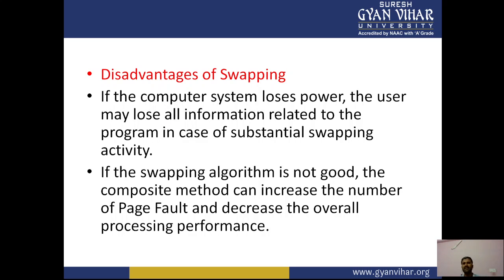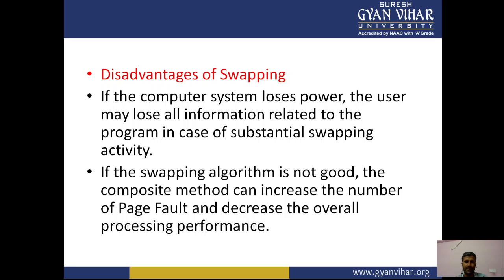There are also certain disadvantages. If the computer system loses power, the user may lose all information related to the program in case of substantial swapping activity. If you are using a system connected to power and the power is cut, then we lose all the swapping activity we have done.